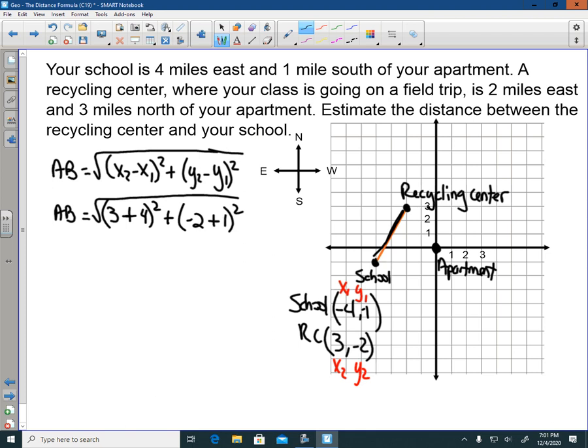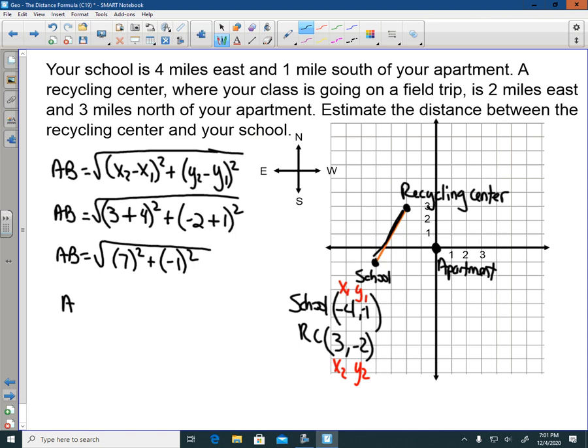So now we calculate within these parentheses. AB equals the square root of 3 plus 4, which is 7 squared, plus negative 2 plus 1, which is negative 1 squared. And here's a time when the parentheses are a little bit useful to make sure that you don't forget about that negative.